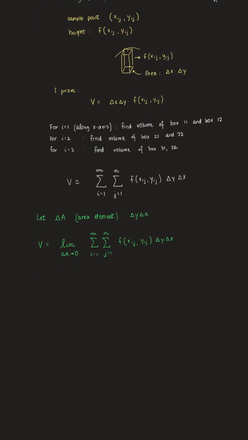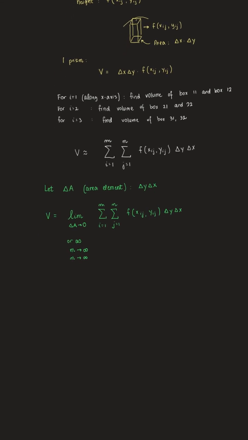Another way to say this is as m approaches infinity, the number of subdivisions along the x-axis, and n approaches infinity, the number of subdivisions along the y-axis. And this is going to give us something that we call a double integral. So our double integral will find the exact volume, that is the limit of this double sum as we add up the volumes of the infinitesimally thin rectangular prisms.